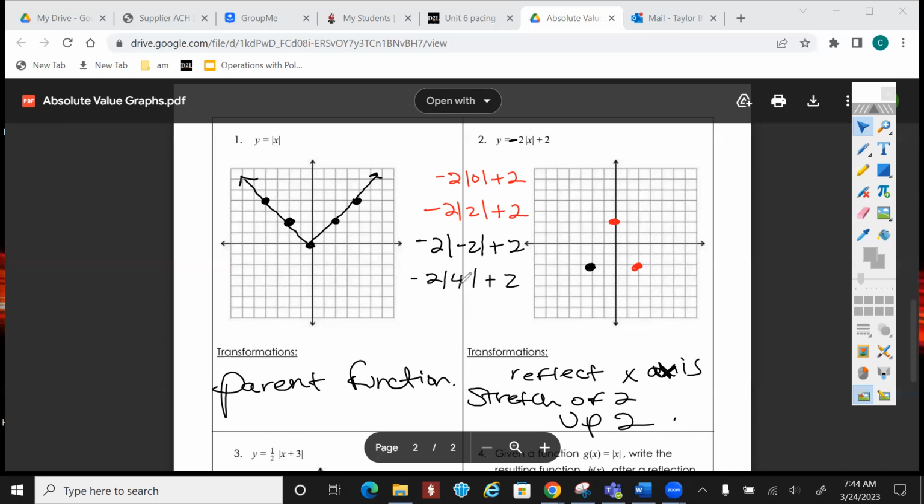Well, this will give us -8 plus 2, which is -6. So we'll have 4, -6. I'm going to tell you right now that on the opposite side, that's going to be the same. Fortunately, for absolute values, they are symmetrical. Wherever that vertex is, they're going to be the same on both sides, the majority of the time, unless you're dealing with piecewise.